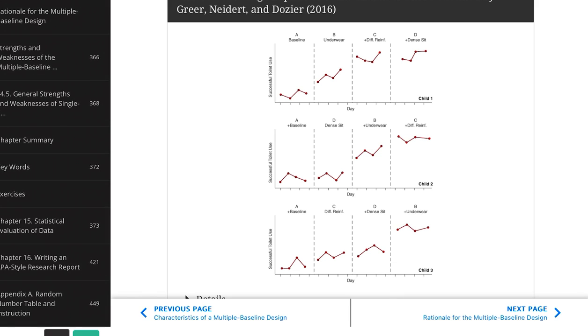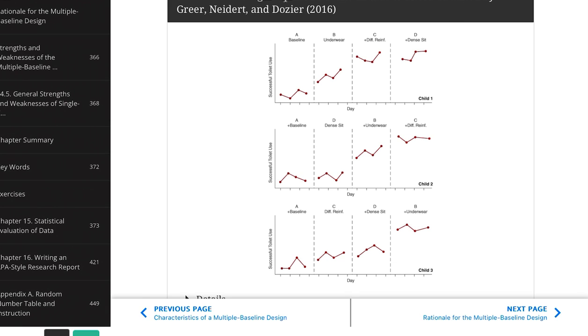We've got 3 different participants, and we have the baseline for all of them. They're labeling it A. And then we've got the components.